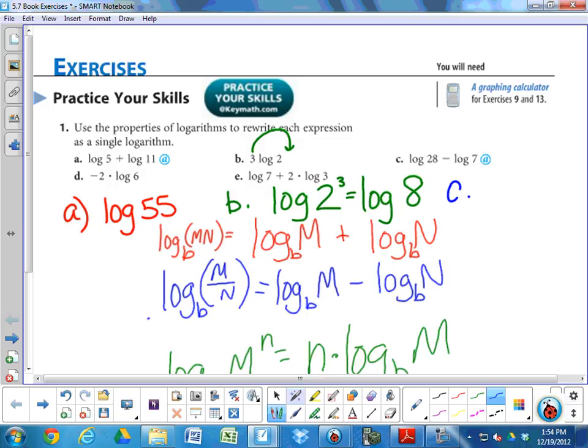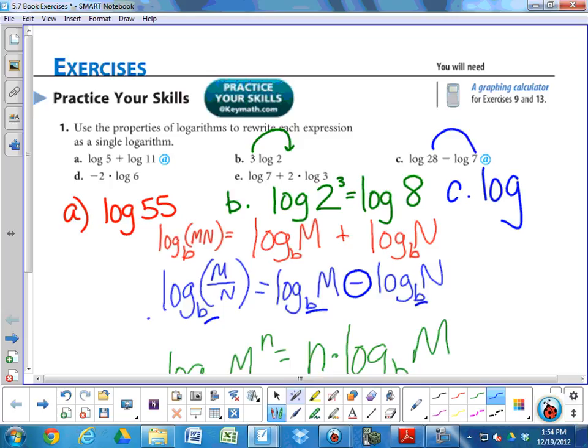So the log of 28 minus the log of 7 separately can be combined into division according to the blue rule. If you have subtraction of 2 logs, by the way, they have to have the same base for this to work. So we have 2 logs being subtracted. What can you do with their insides?